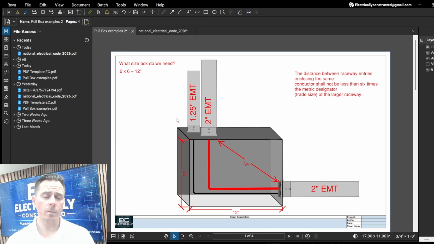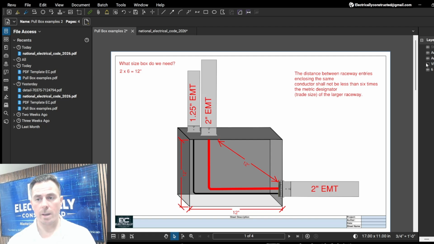What that's telling me is that I need 12 inches of space between the entryway of this raceway and the entryway of this raceway if it has the same conductor housed inside of it. So here it's going to be 2-inch raceway times 6, which gives me 12 inches. So I have to have 12 inches of spacing here as well.